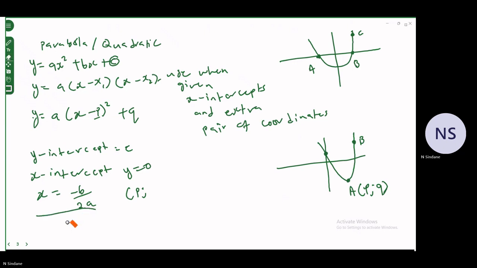After getting the value of x, which is equivalent to p, you can use it to calculate the value of q, which is the y coordinate of the turning point. Let's go to the next page.